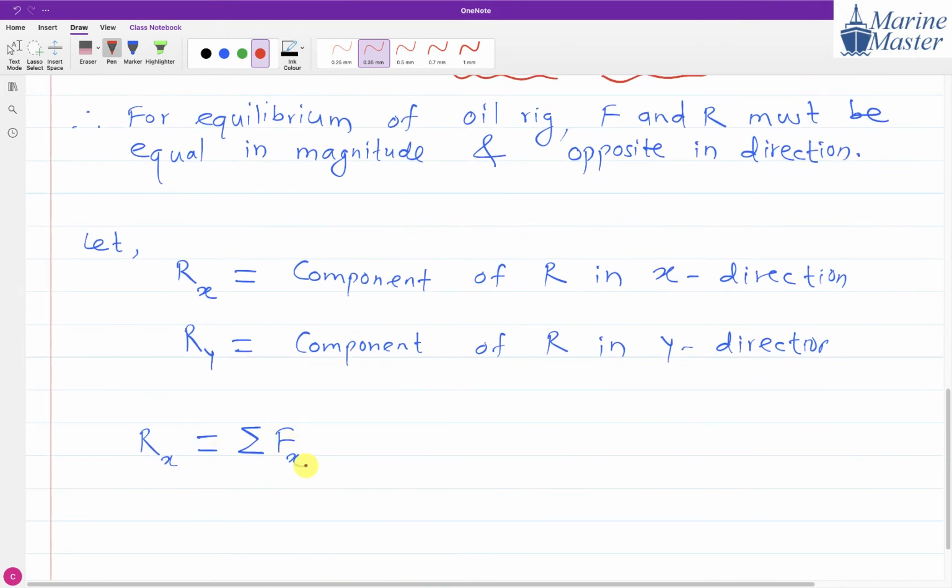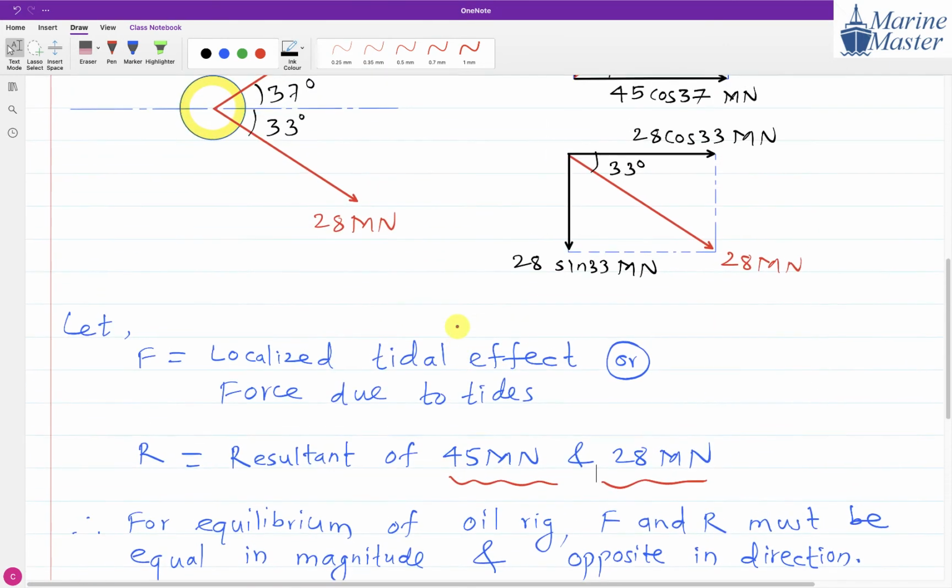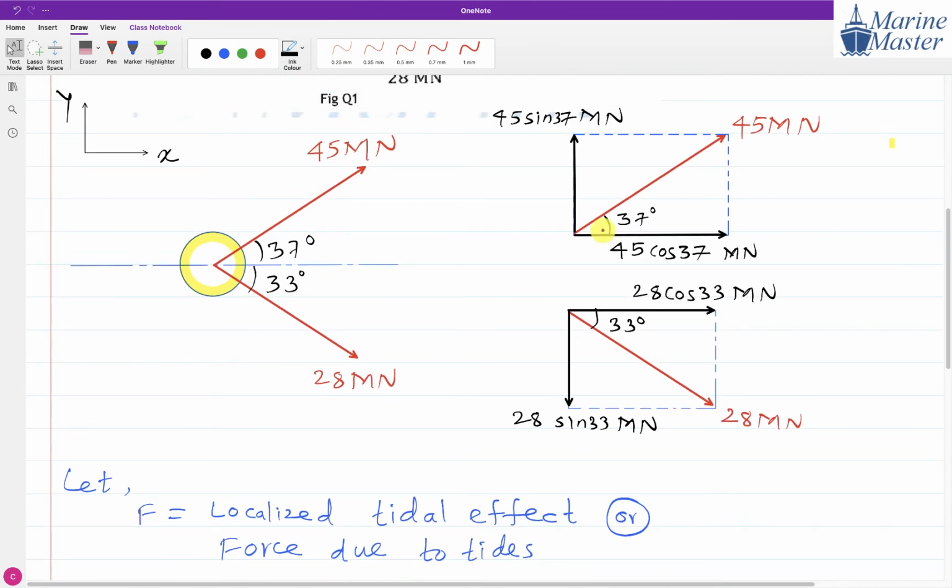So here, the summation of forces in the x direction. What are the forces in the x direction? 45 cos 37 and 28 cos 33, both in plus.